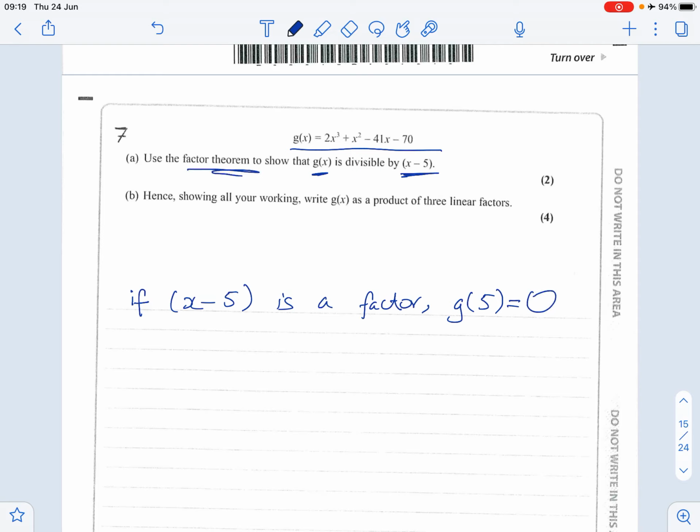So using the factor theorem to show that, all we have to do is substitute 5 into the equation. And it equals 0. Therefore, x minus 5 is a factor.